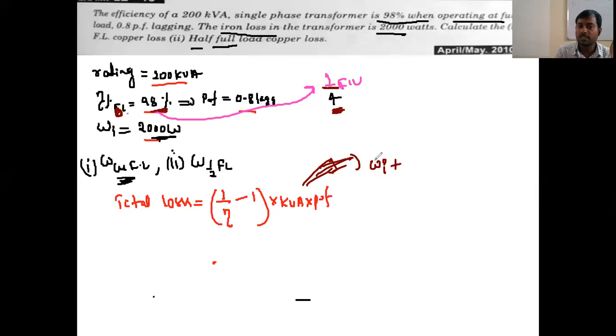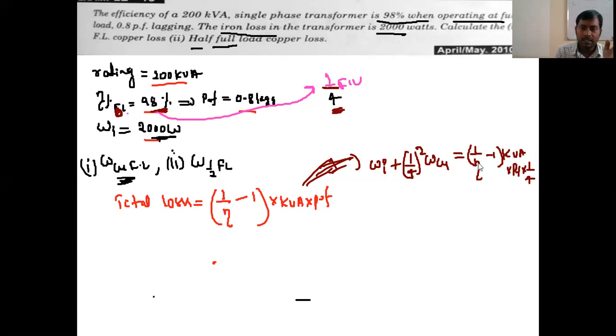The copper losses become (1/4) squared into copper losses, because in the efficiency formula we also need to write it like this: 1 by efficiency minus 1, into kVA into power factor, plus x also. X is nothing but 1/4.